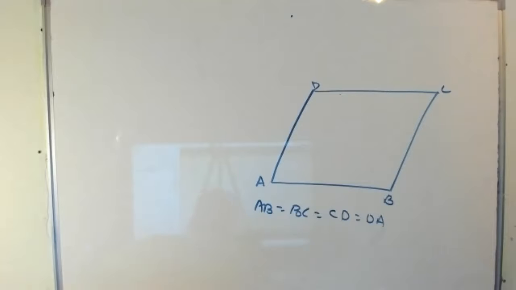Rhombus means a parallelogram having all sides equal. It is called a rhombus. That means all the sides are equal. Next one, rectangle.